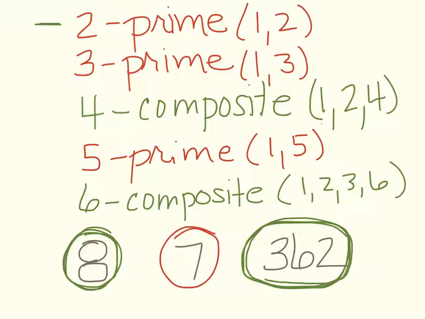I do want to show you one more thing that the book talks about, and that is using an array to help you figure out prime or composite. This is not something you're going to use all the time, but it can be of help sometimes, and since the book talks about it, I will really quick. Let's use the number 7. Right away you should know that's going to be a prime number. 1, 2, 3, 4, 5, 6, 7. Can I put those in any shape where I have the same number in each row?